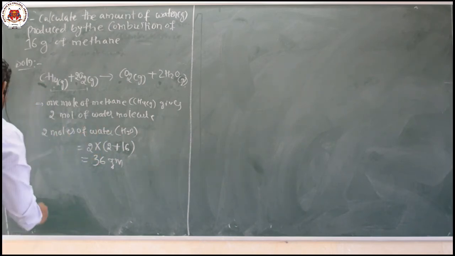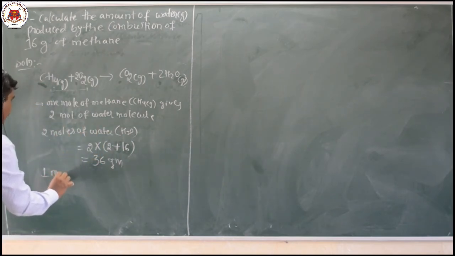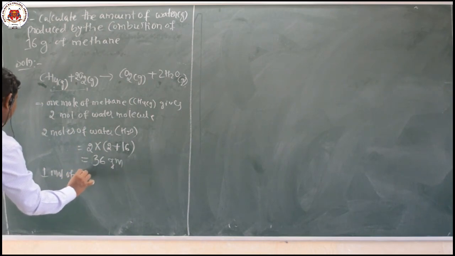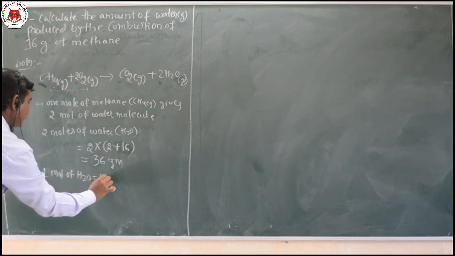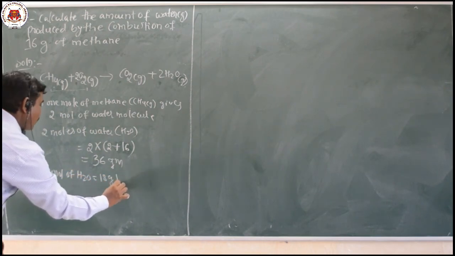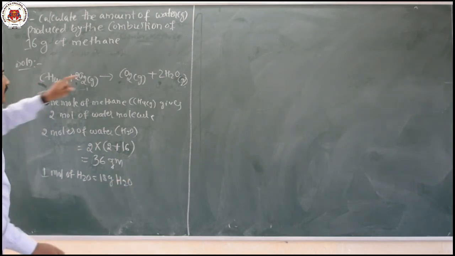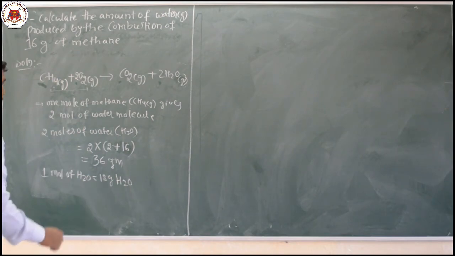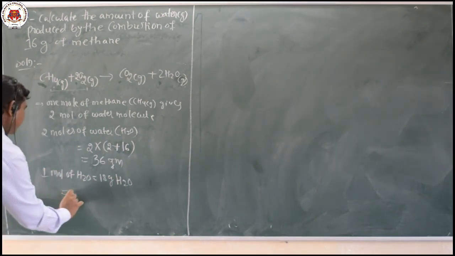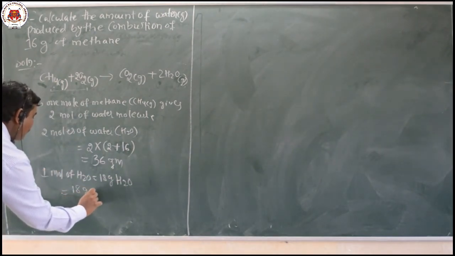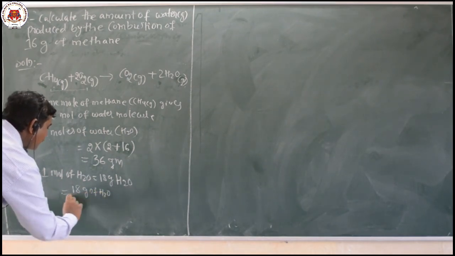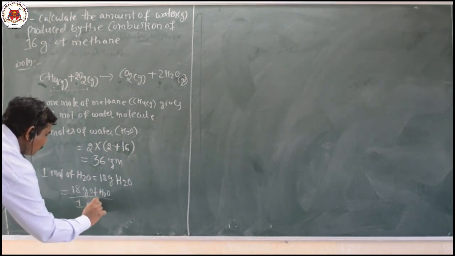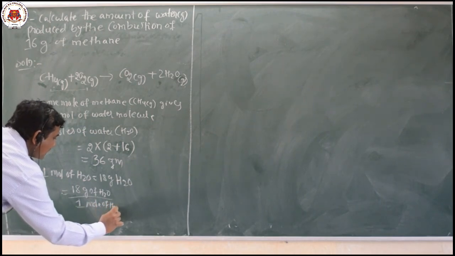Now 1 mole of H2O is equal to 18 gram of water. So 18 gram of water divided by 1 mole of water, that is equal to 1.